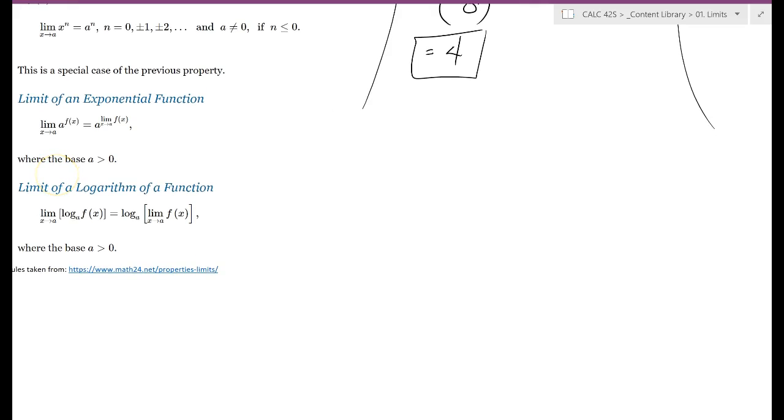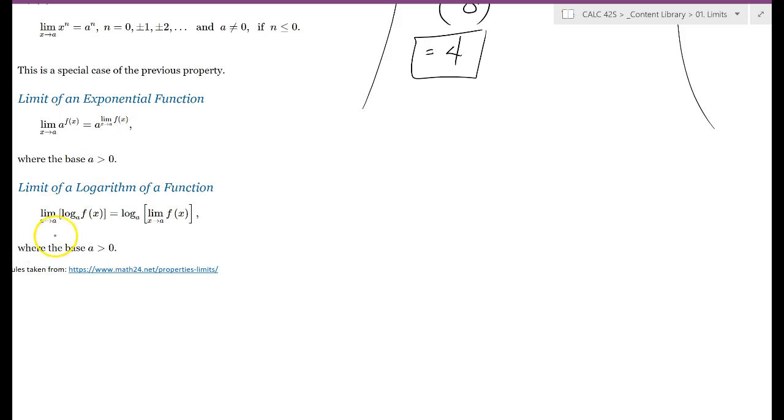The limit of an exponential function becomes a little bit more tricky. So this is saying when the limit of x approaches a, and a is also the base of the exponential function, then it allows us to do this. So the base can be anything greater than 0, not equal to 0, because we can't really take the power of 0. Okay, so that would be our one big restriction on this one.